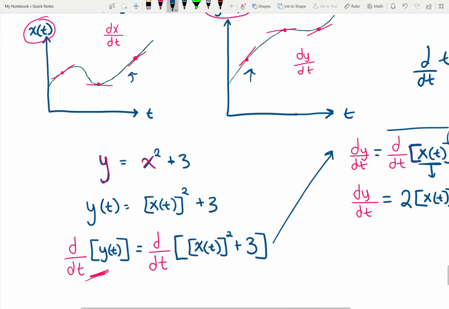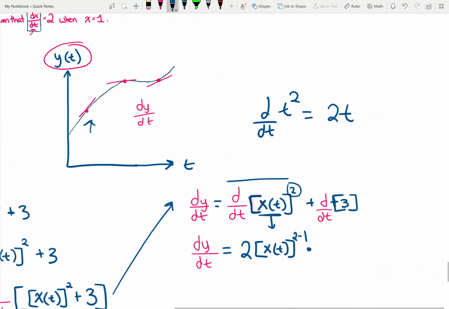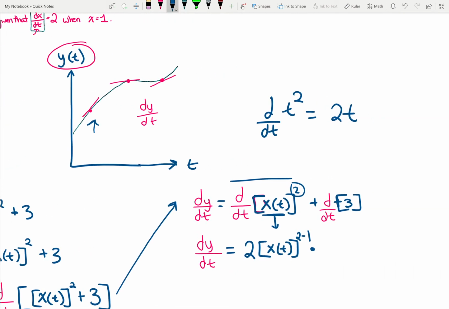Well, we already said the derivative of this inside function is the slope of all these tangent lines. So this is the derivative of the inside function, dx/dt. Here we have the derivative of a constant, so that just becomes 0.